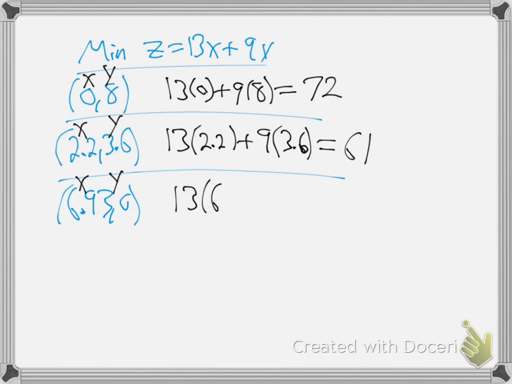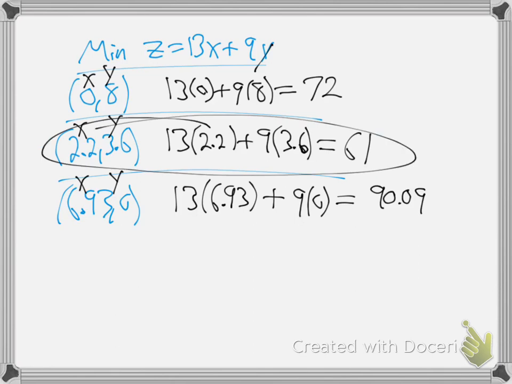And then 13 times 6.93 plus 9 times 0. That's whatever 13 times 6.93 is. 90.09. All right, which answer do I want? 61. This guy. Lowest. Minimum. Right, minimum. That's it.